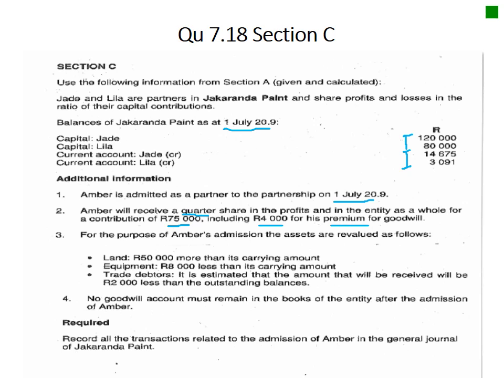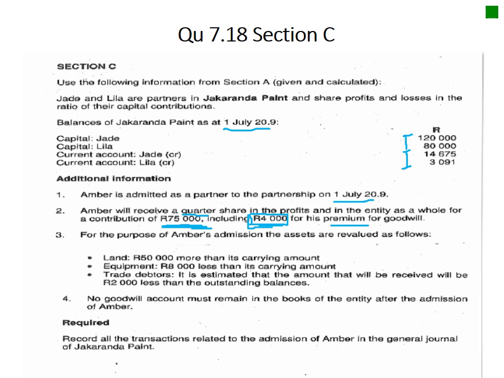In other words, that 75,000 has been calculated to include 25% or 1/4 of the goodwill that had been created by the previous partners in the business up until that point. So Amber is paying a premium to the old partners. It's going to come into the partnership's books. His contribution includes an amount that's been calculated for goodwill.